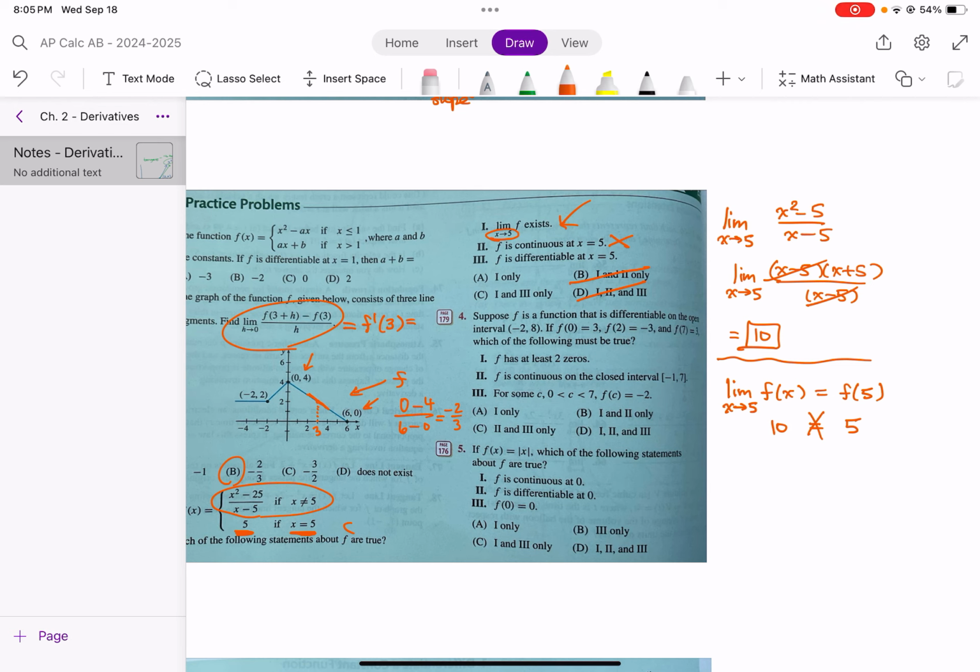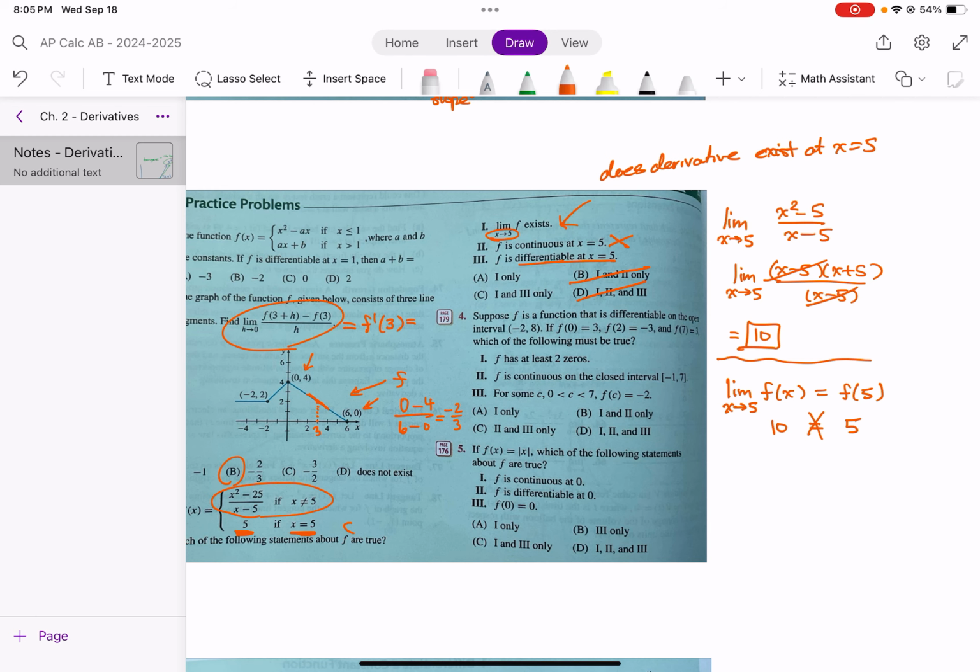So is f differentiable at x equals 5? We haven't totally talked about differentiability yet. Basically, what this means is, does the derivative exist at x equals 5?